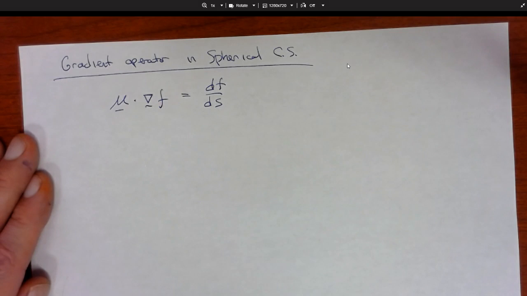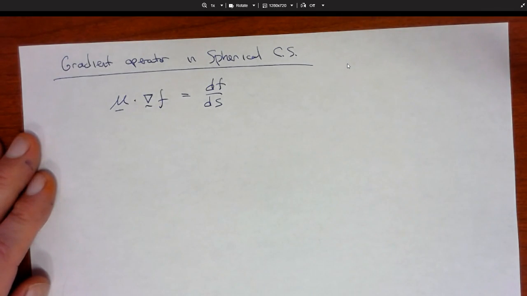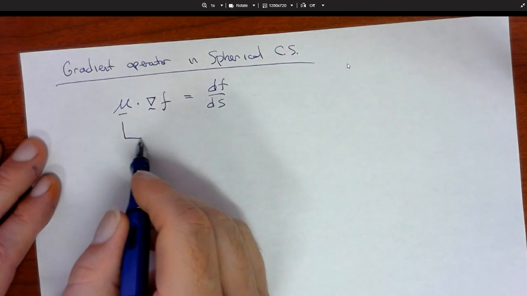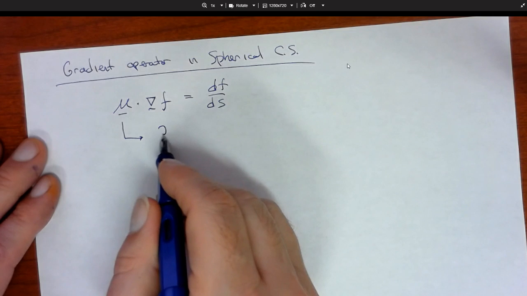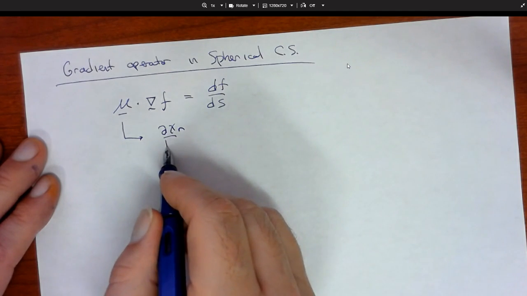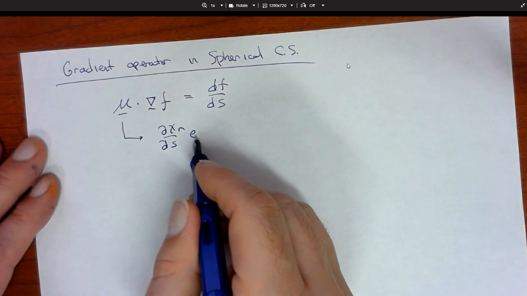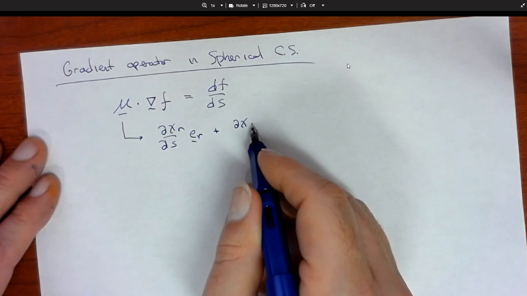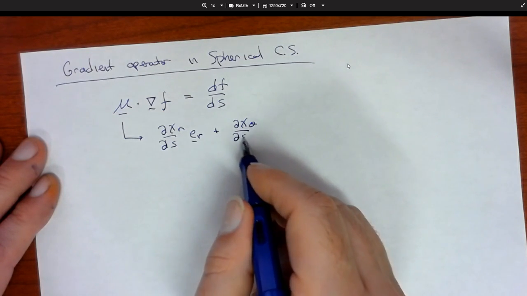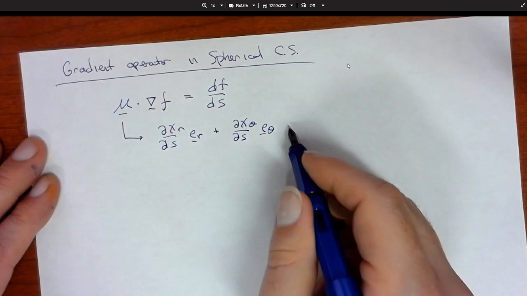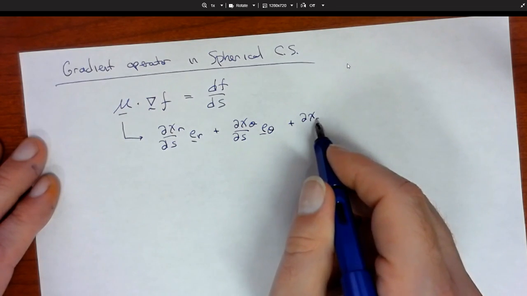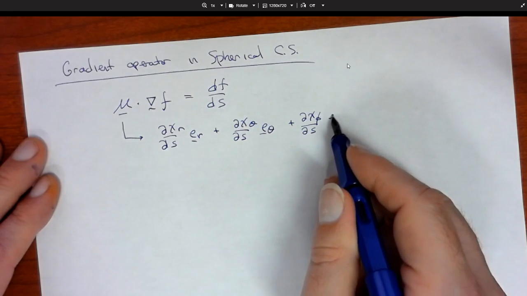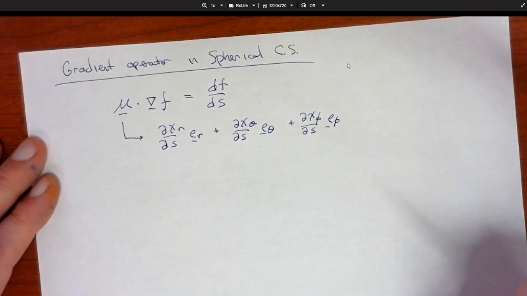Okay, so when you do this out, this is going to have the form dx_r/ds in the e_r direction plus dx_theta/ds in the e_theta direction plus dx_phi/ds in the e_phi direction.